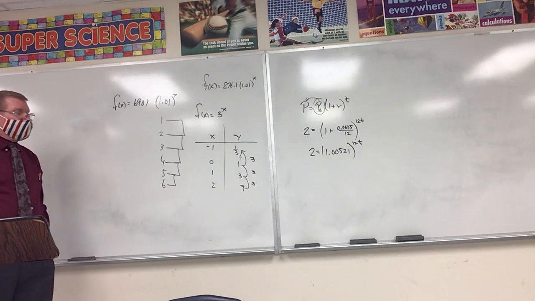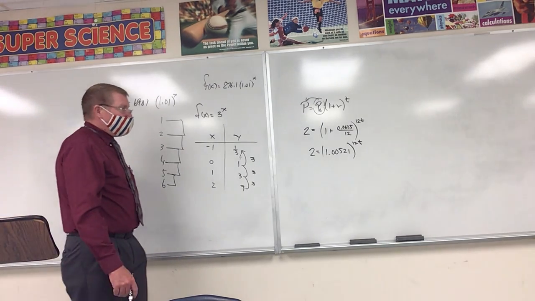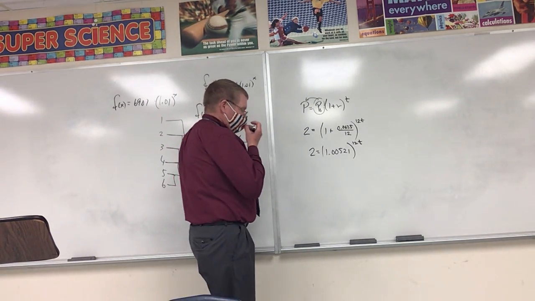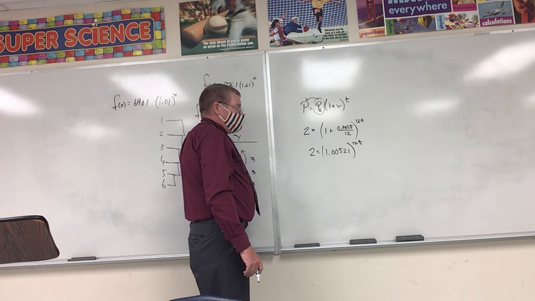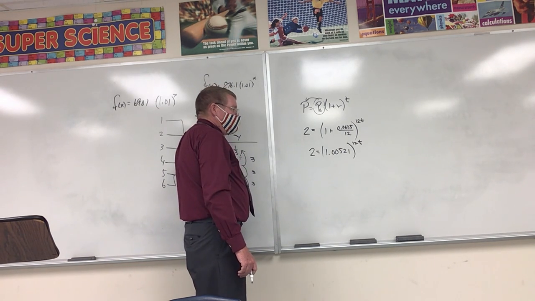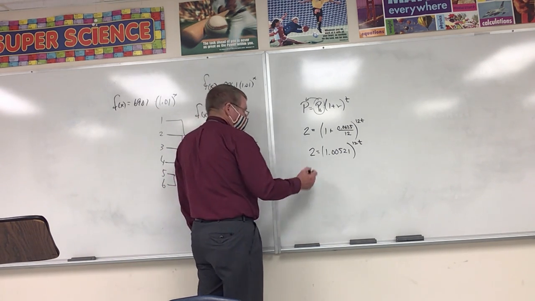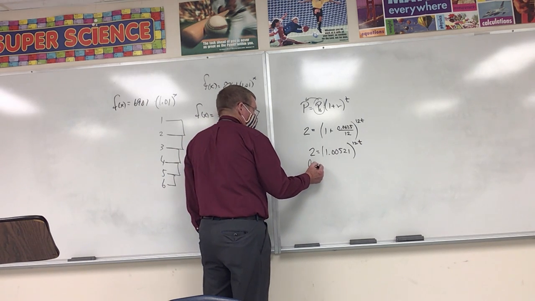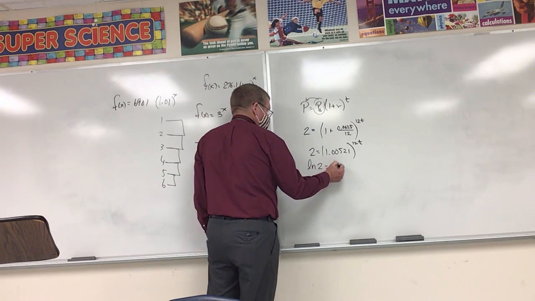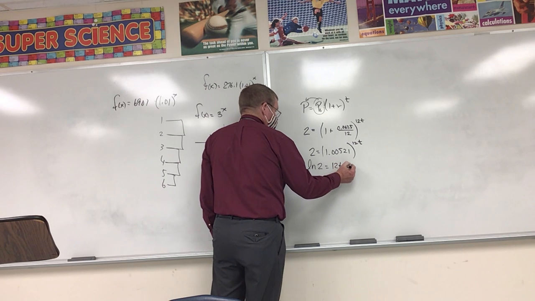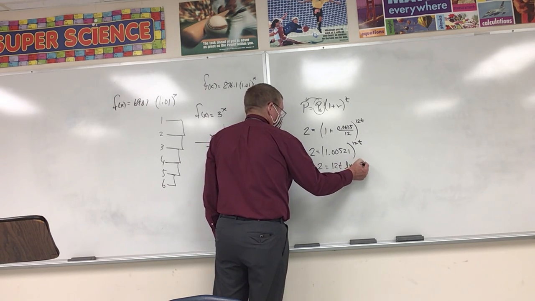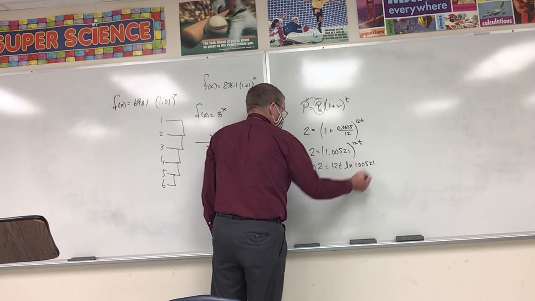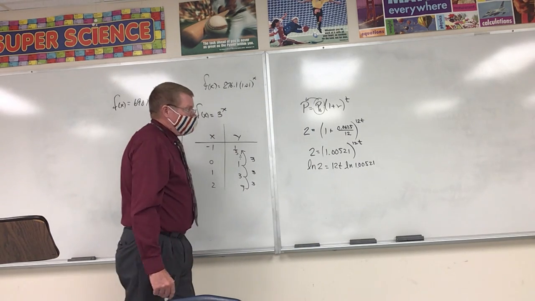Do we remember how to get the variable out of the exponent? Use the ln of both sides or something like that. Alright, and solve for t.